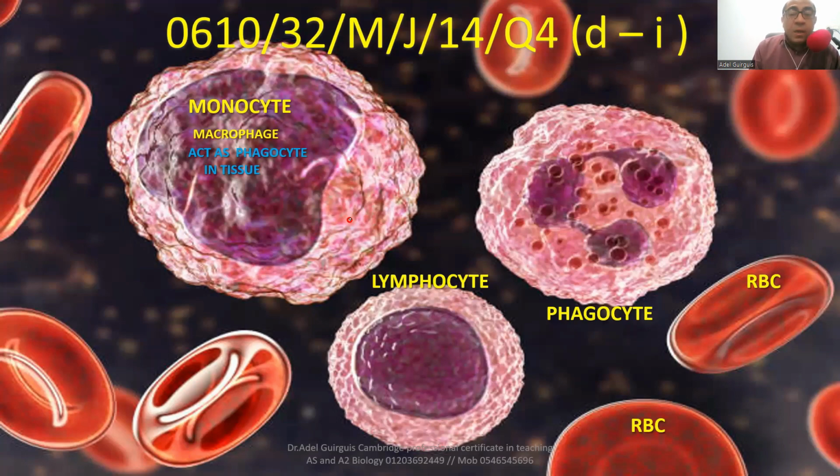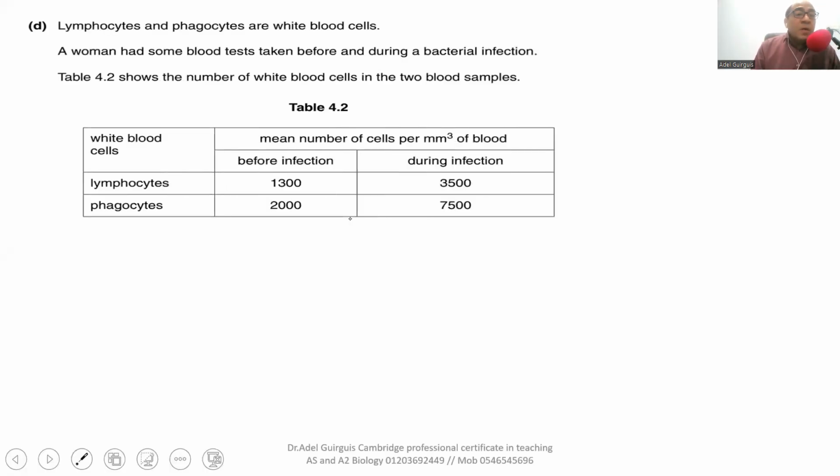No problem. Now look please, lymphocytes and phagocytes are white blood cells. A woman had some blood tests taken before and during a bacterial infection. Table 4.2 shows the number of white blood cells in two blood samples.